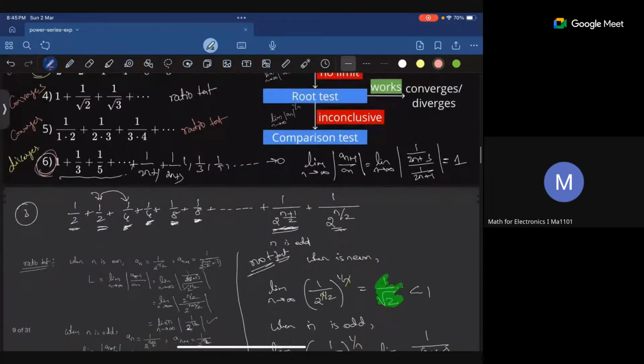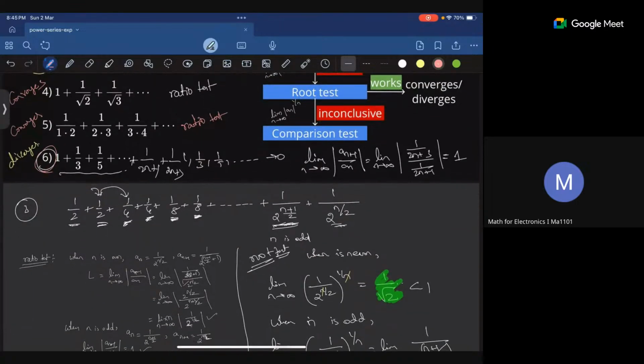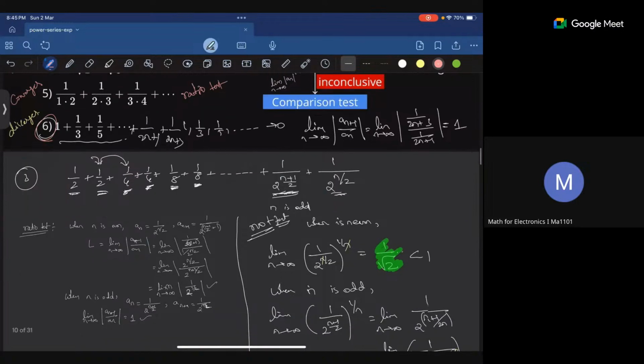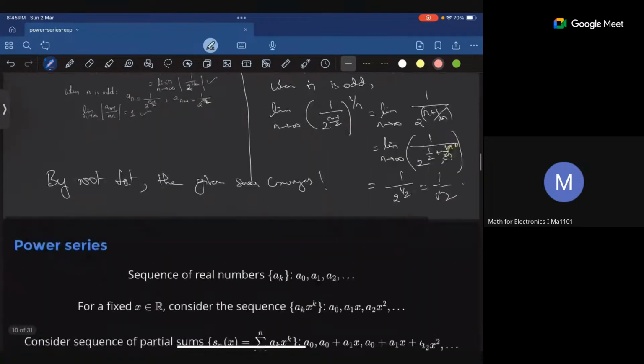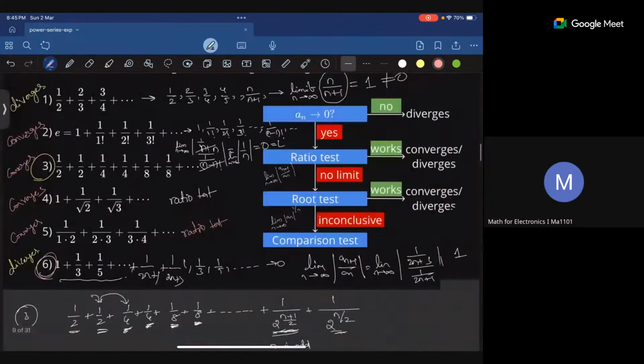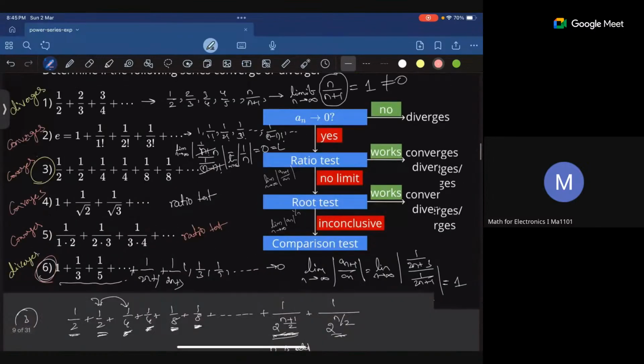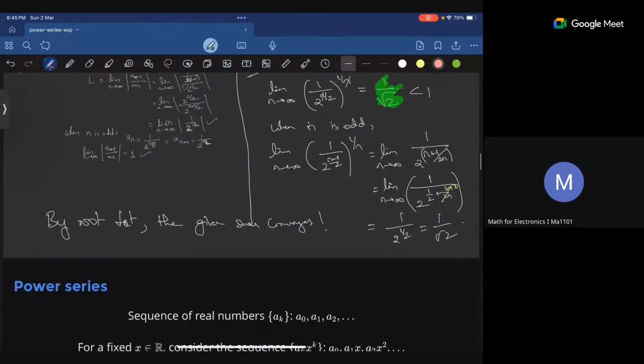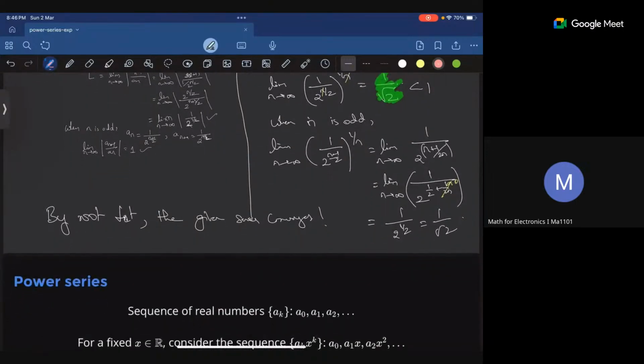So the thing is, we have to come up with some other series which is diverging, and that will be compared to this particular series, and we'll claim that this will diverge. Okay, so that's about the root test and ratio test. Any doubt?